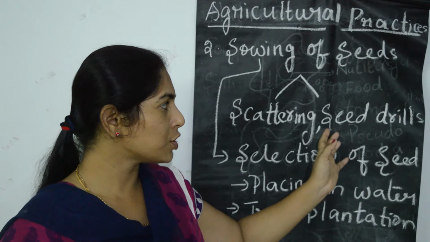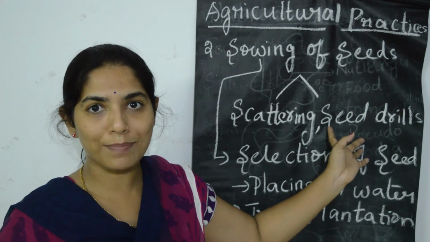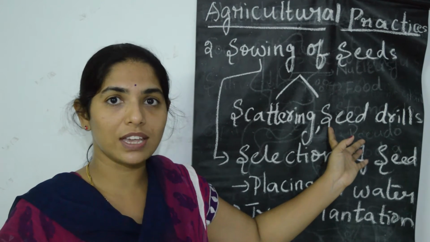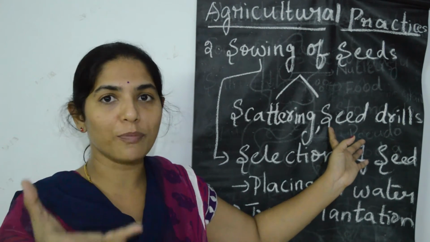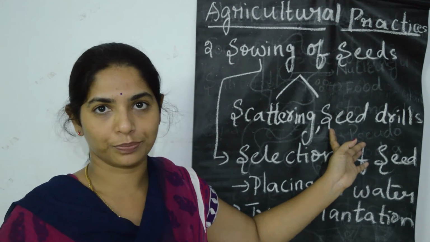Next, coming to seed drills. This is an agricultural implement which has a seed ball placed at the top with vertical funnels, and it is attached to a plough.